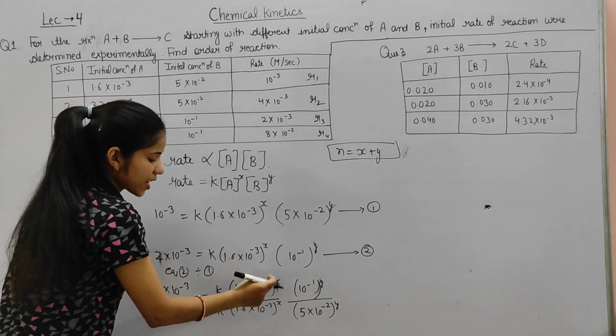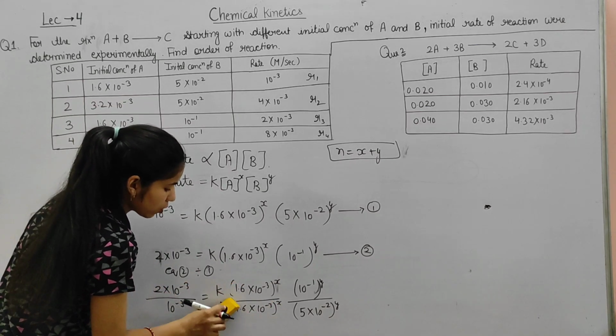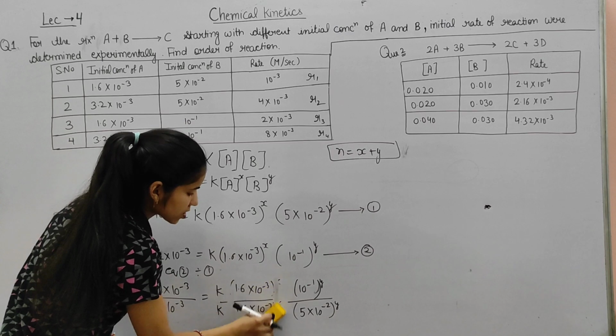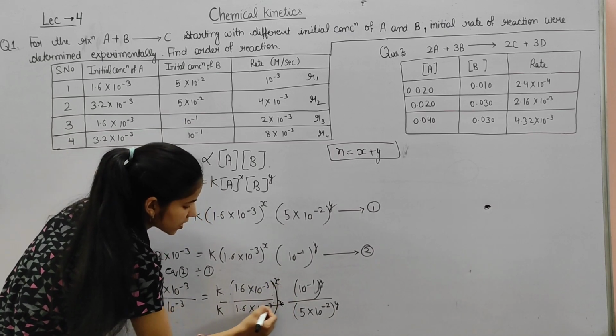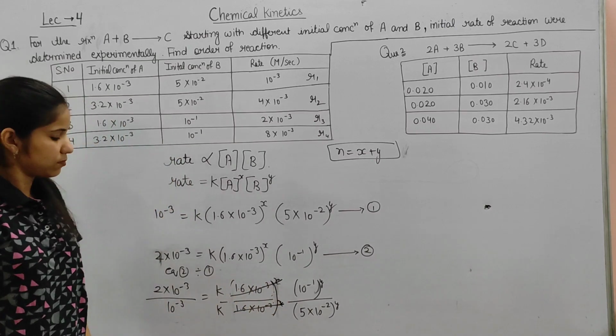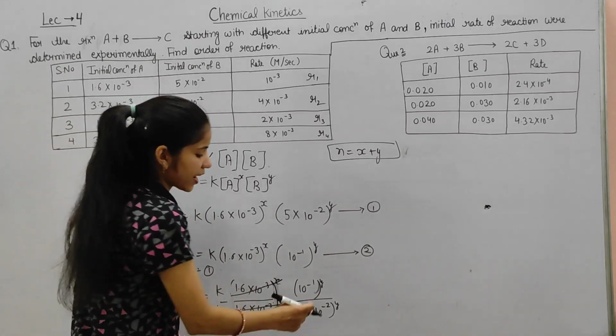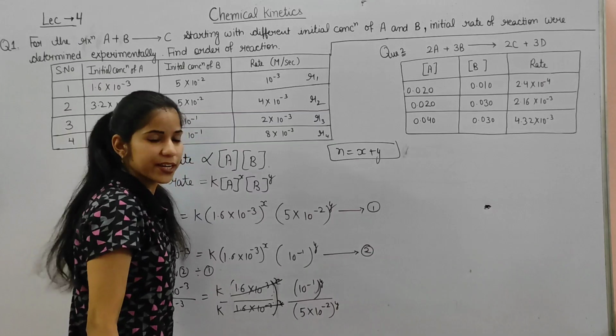So their powers are the same, so we can write the whole power x, or we can say that these cancel out, and we can write the whole power y.